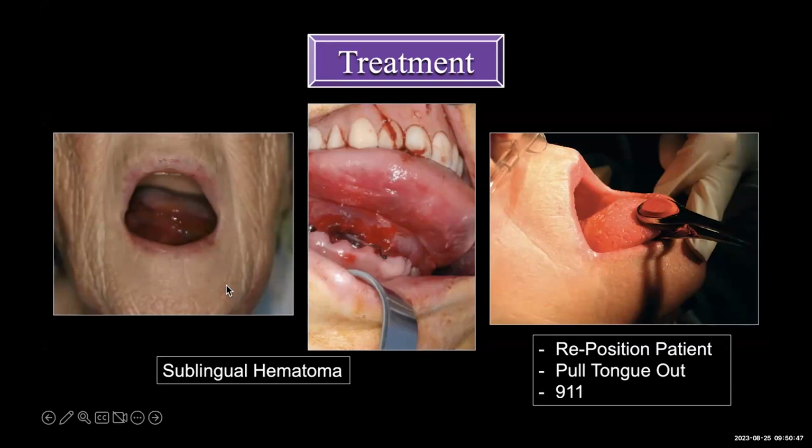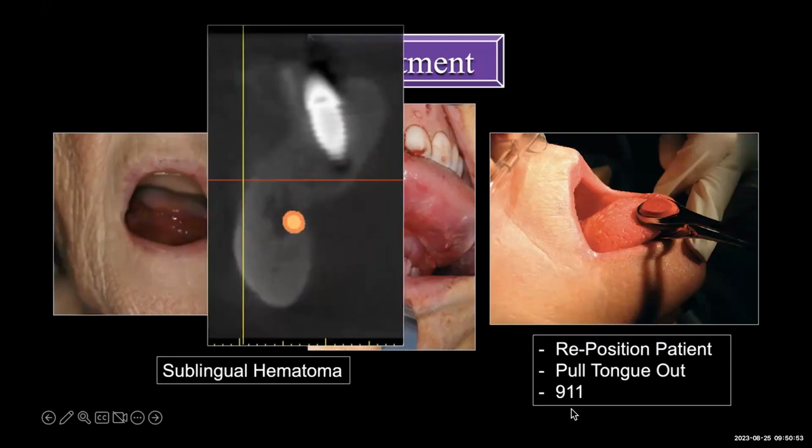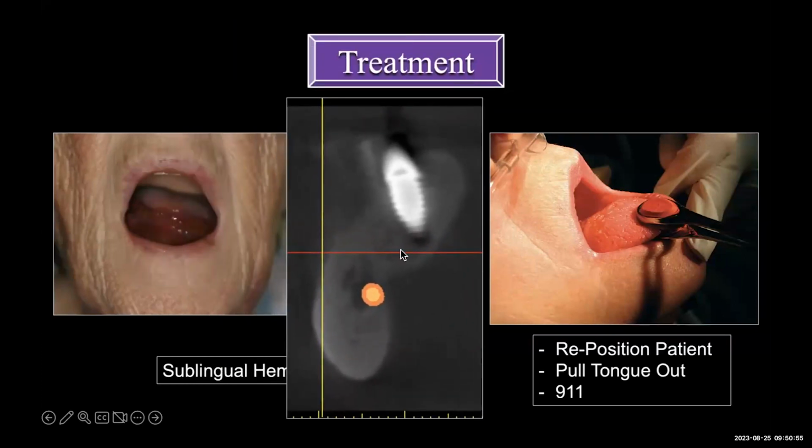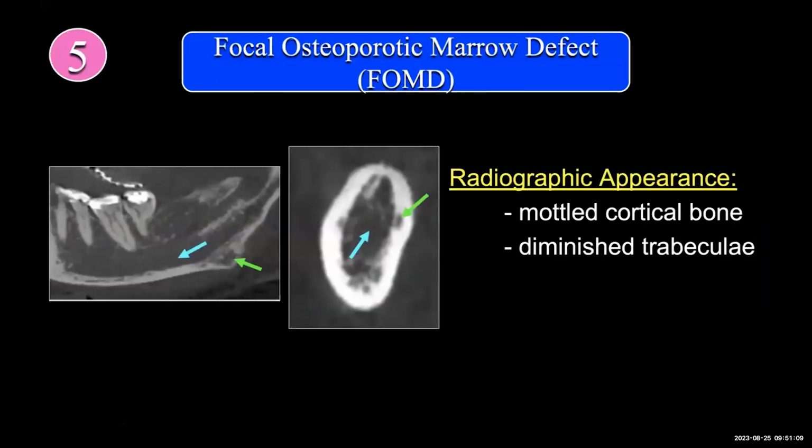You treat it the same way: sublingual hematoma, reposition the patient, pull the tongue out, 911. And be very careful. And here's a case where the doctor actually repositioned the implant more facially to avoid that. So bone grafted, and/or the patient might not be a candidate for implants.